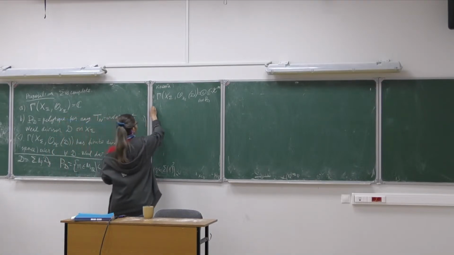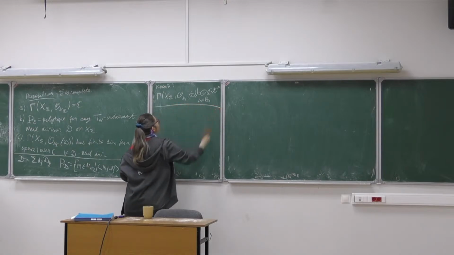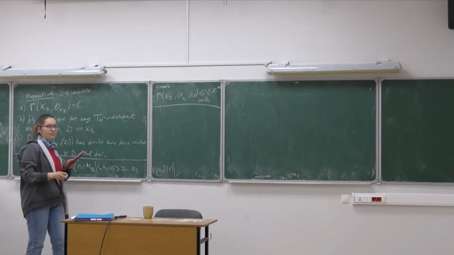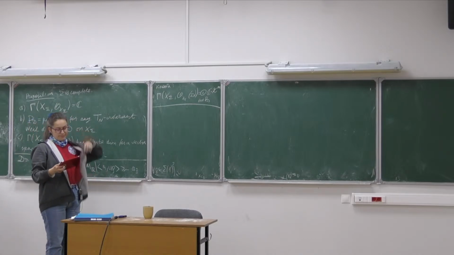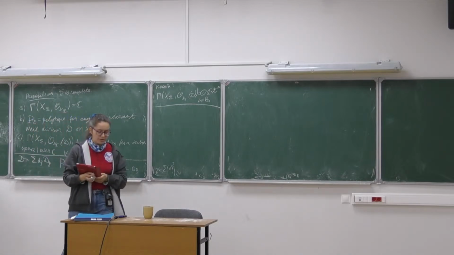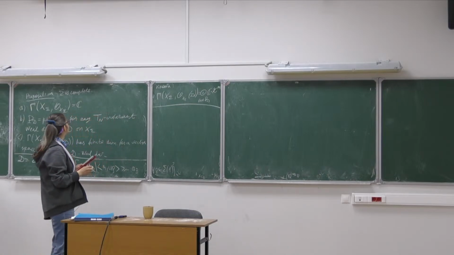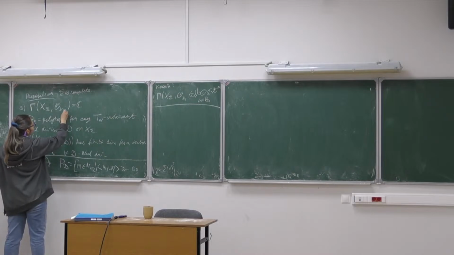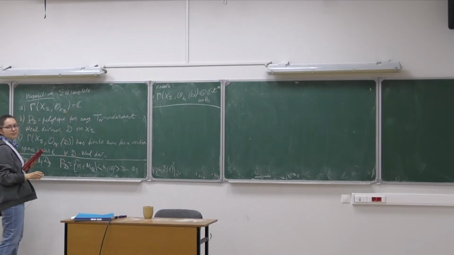So this is from the previous lecture, and this is what we need for the complete fans. Also this stuff: why is this only C?